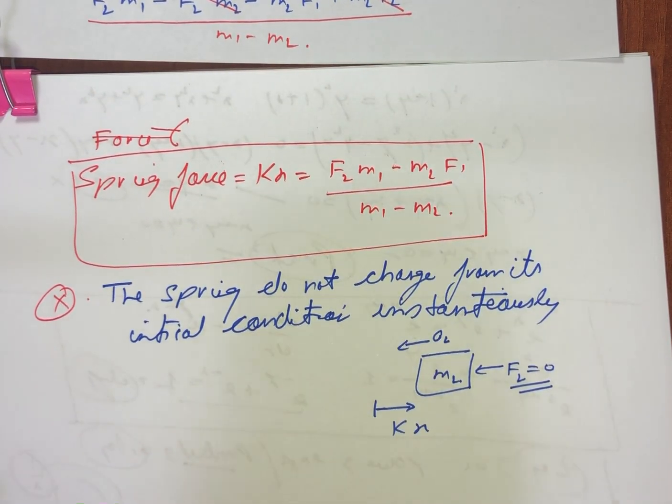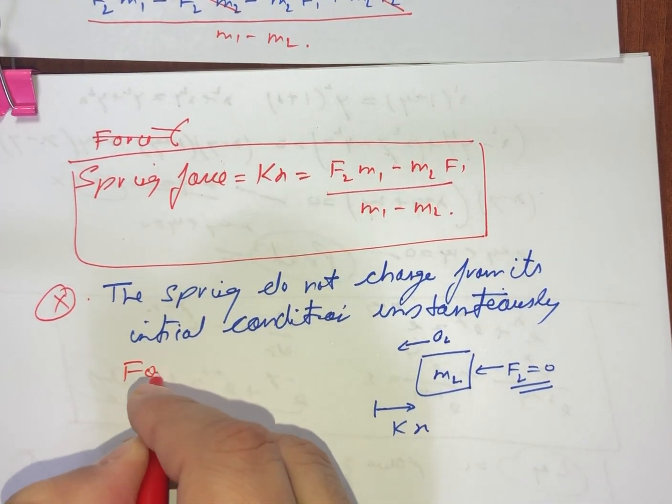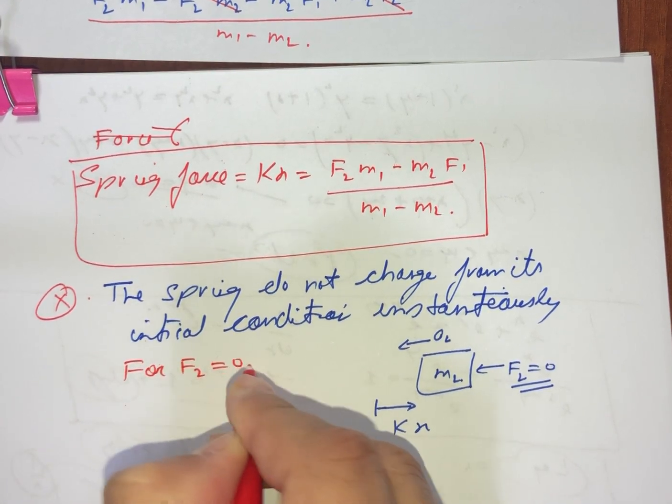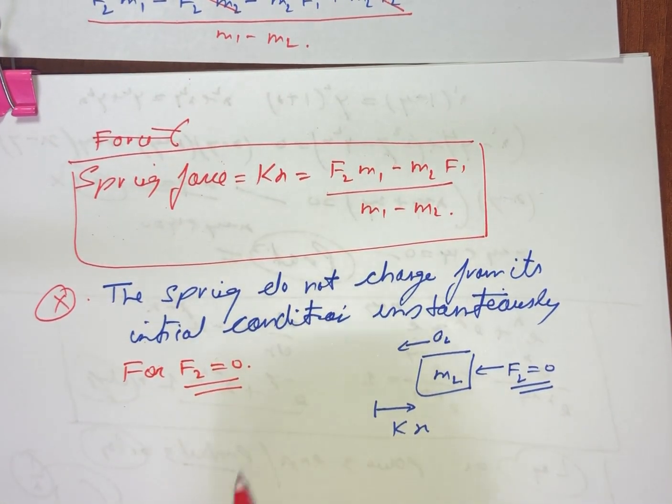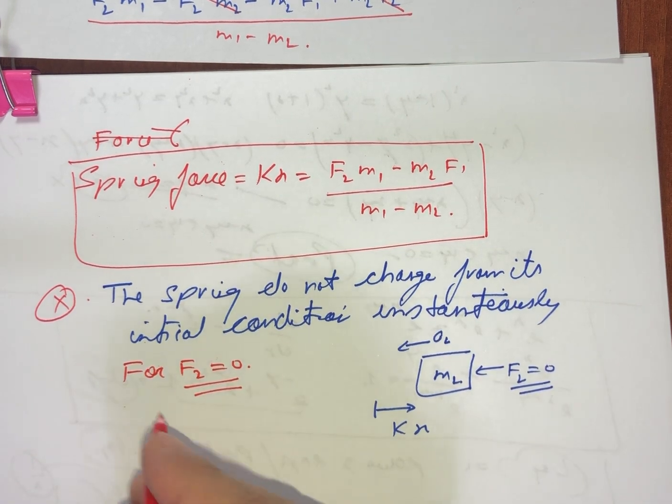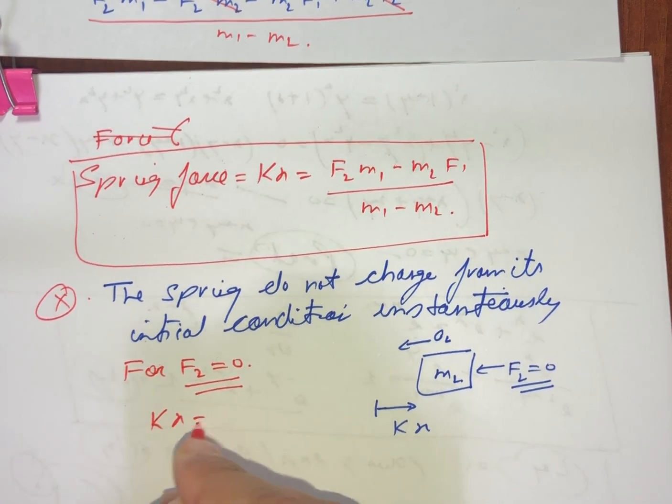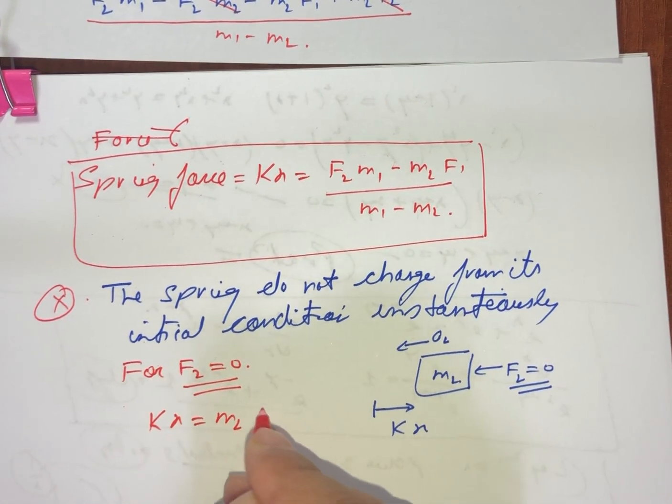So you can say for F2 equal to 0, we can write the equation as kx will be equal to m2 multiplied by a2.